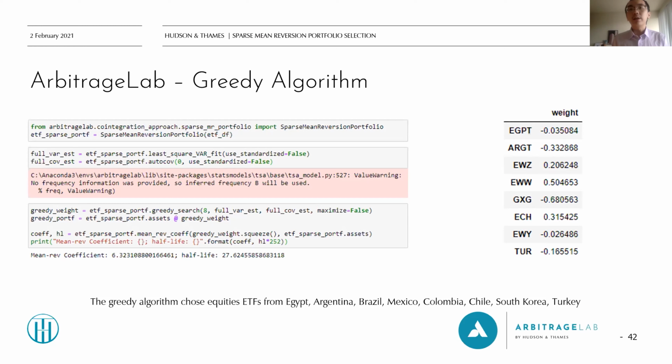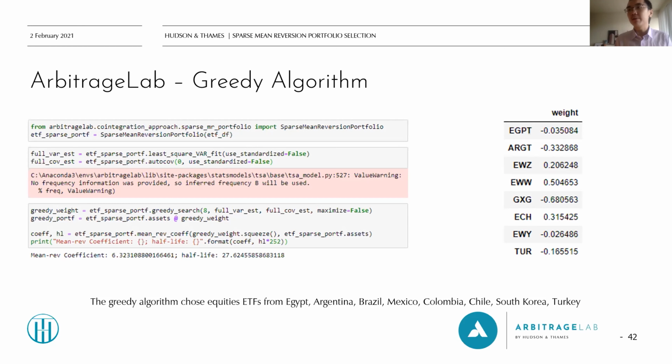Instead, I will show you that you can actually use this on the entire investing universe to obtain a sparse solution. You can see the greedy algorithm chose the equity ETFs from Egypt, Argentina, Brazil, Mexico, Colombia, Chile, South Korea, and Turkey. Most of these ETFs are from South America, and this might provide some interesting hints on possible developments in the market.